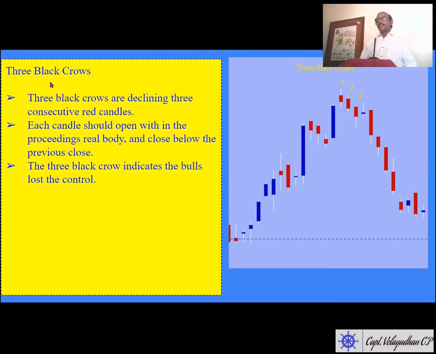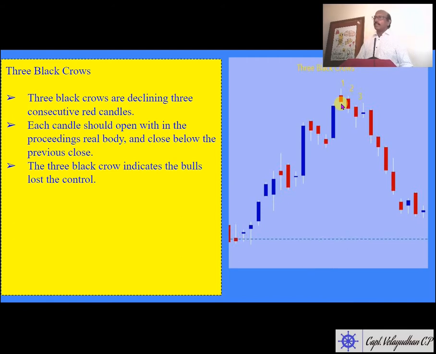Three black crows. Three black crows are three consecutive declining red candles. The candles in a row are falling down. One, two, three. Here this gapped up, then was unable to move up and closed below the opening.